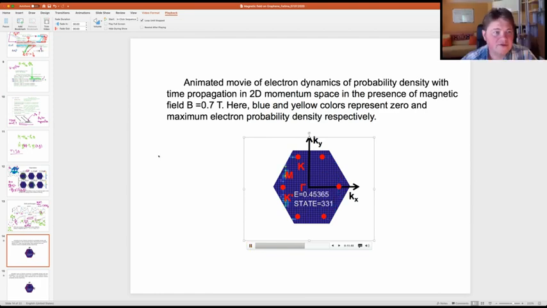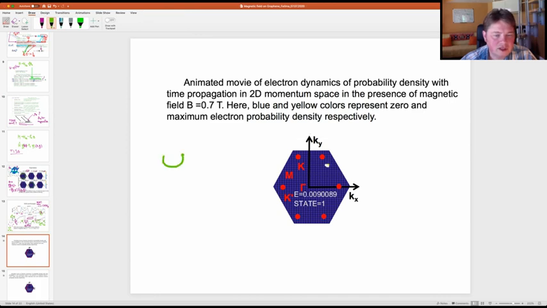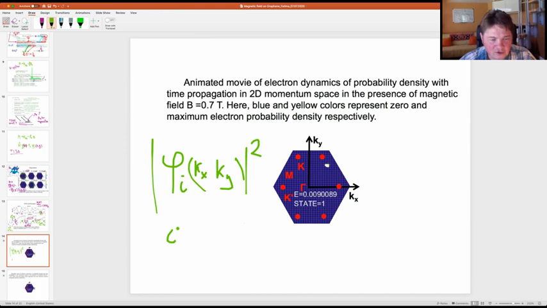So we do have phi sub i of kx, ky. And to avoid the imaginary part, we do square. And then we run for the index from 1 to 500 and just show them. But there is no time. They all are static. Okay.